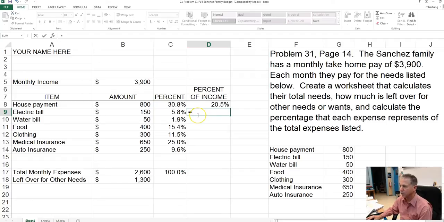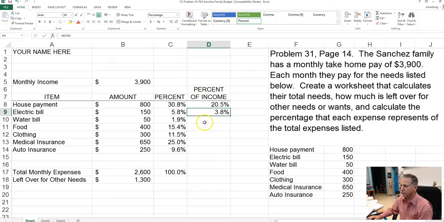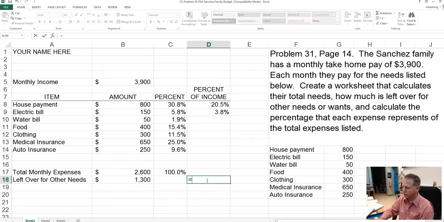You really need to learn this and just have it memorized like you know your name. Take the expense, divide it by, in this case, the total income. And go ahead and do that for the rest of these, and also do it for the discretionary income, or the leftover there. That amount divided by our monthly income.